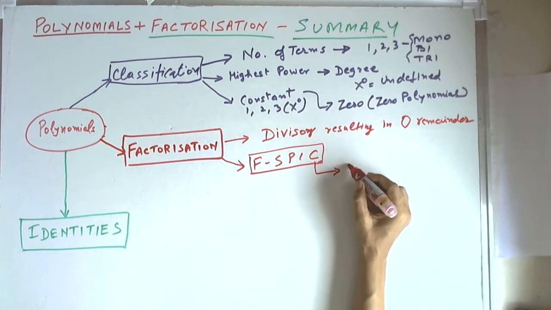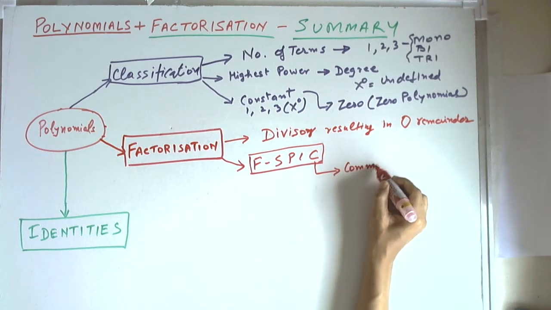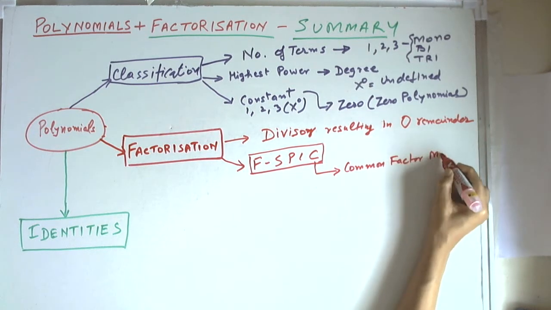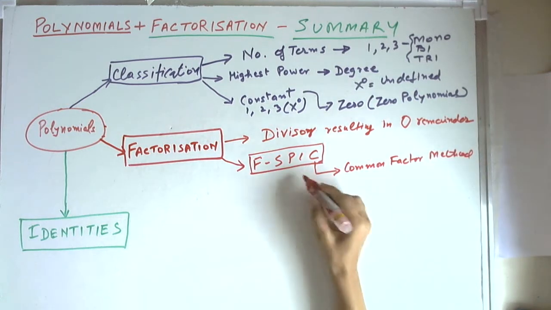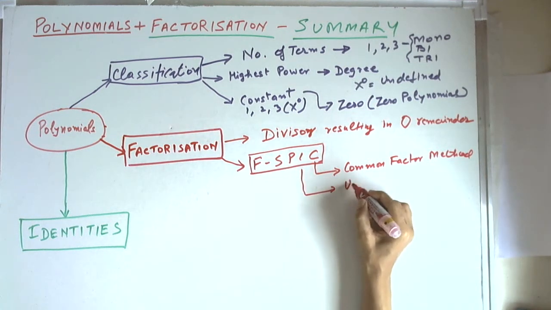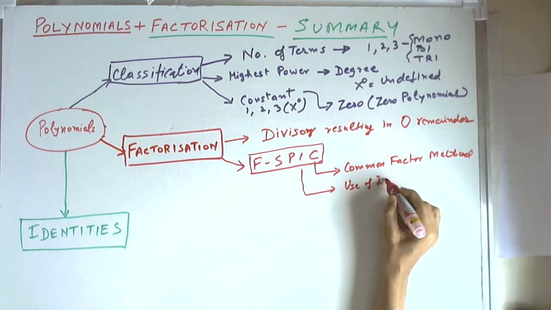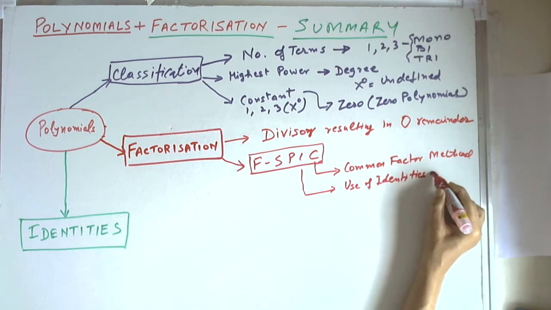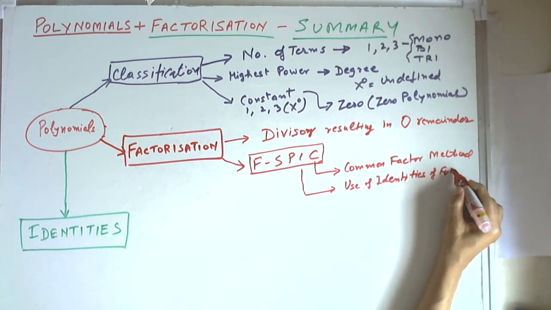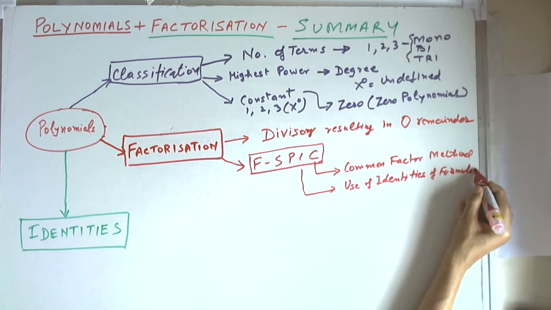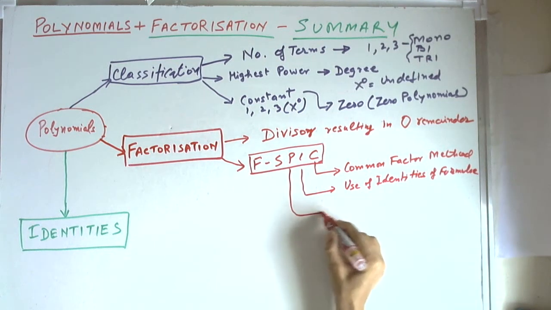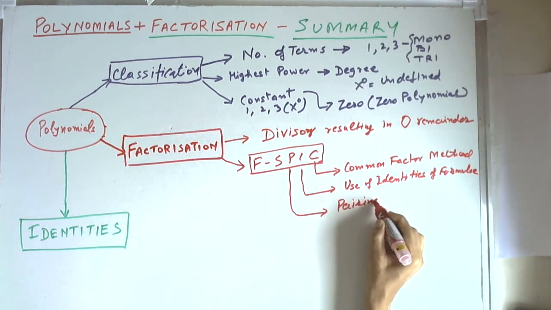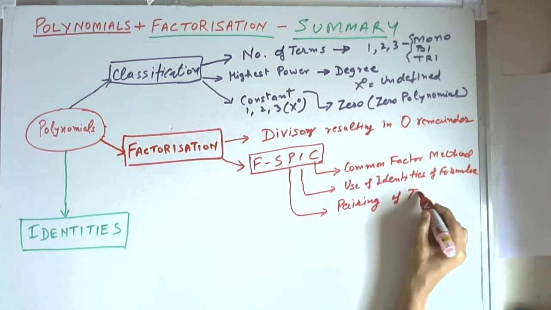C is the common factor method. I is use of identities or formulae. We write formulae in plural. P is by pairing of terms.